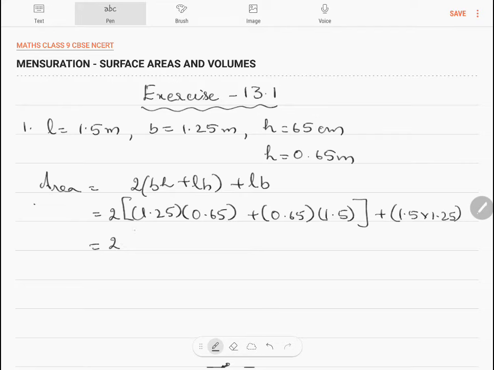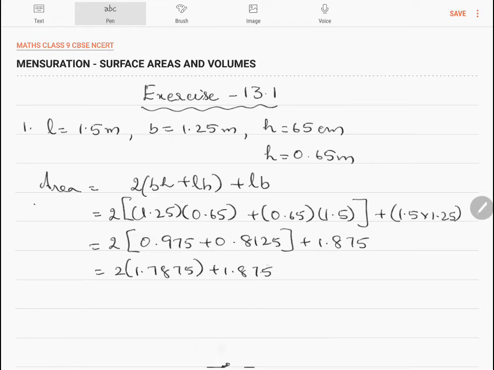It's equal to 2 times of (0.975 plus 0.8125) plus 1.875, which is 2 into 1.7875 plus 1.875, equal to 5.45 meter square. So this is the area of the box where the top is open.